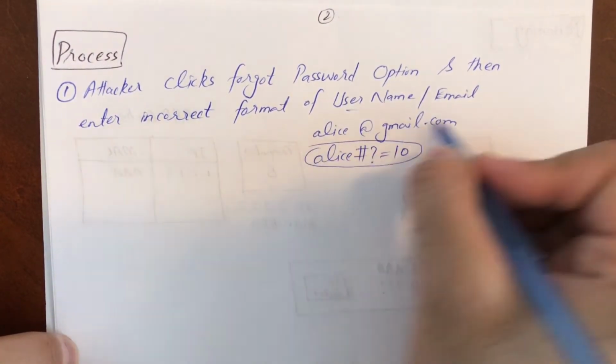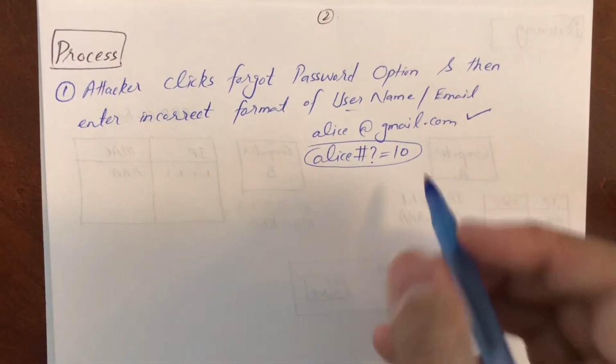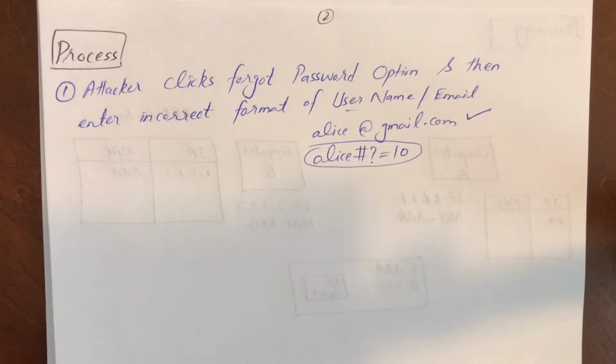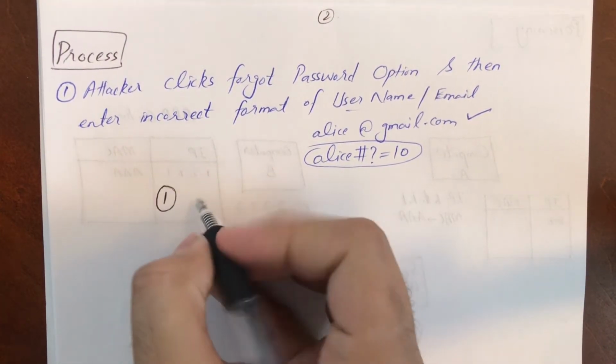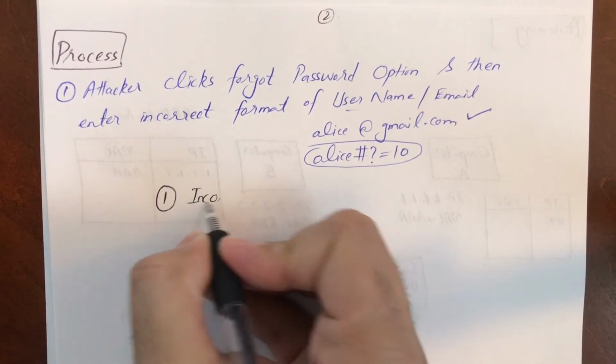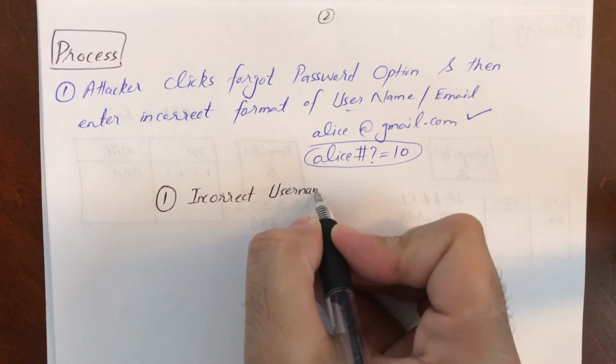So instead of putting the format which the server might be expecting, they put this incorrect format. Now what will happen if the reply comes back as incorrect username format?